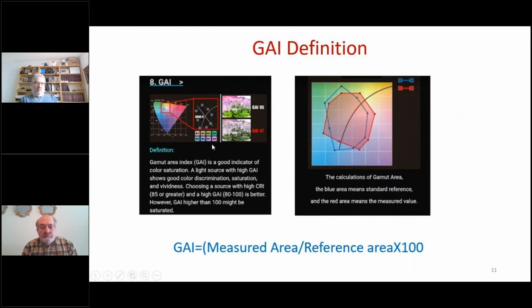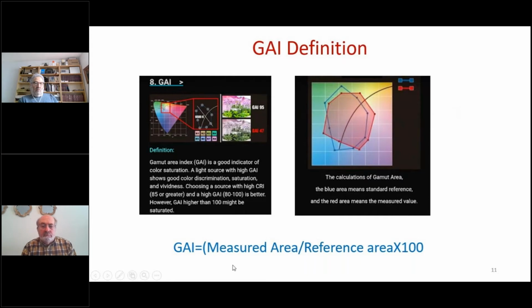But instead of the 99 colors that the TM30 uses, this only uses the 8 basic colors that are in the CIE. So you would just calculate the CRI index for each one, for the test source and also for the reference source. And then you get these basically polygons.